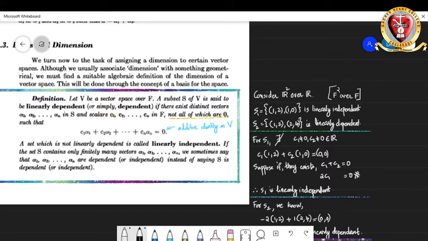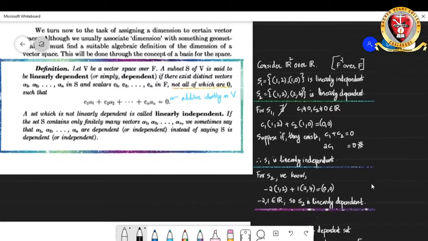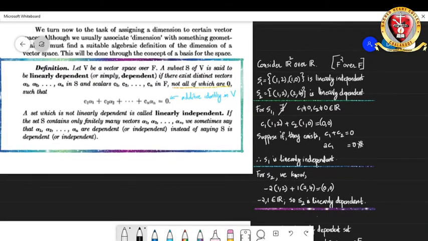As for S2, we know that this can be written as minus 2 into the ordered pair (1,2) plus 1 into the ordered pair (2,4) is equal to the ordered pair (0,0), and we know that minus 2 and 1 belong to the field R. Both are non-zero, so we got a nontrivial linear combination like this.